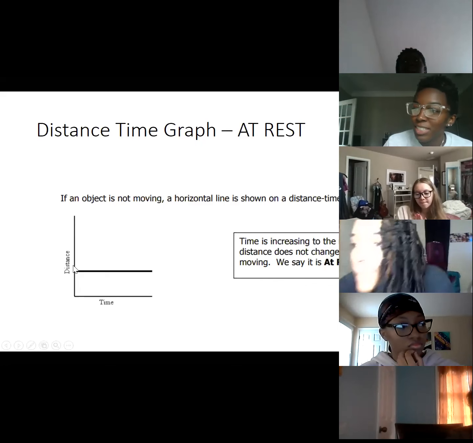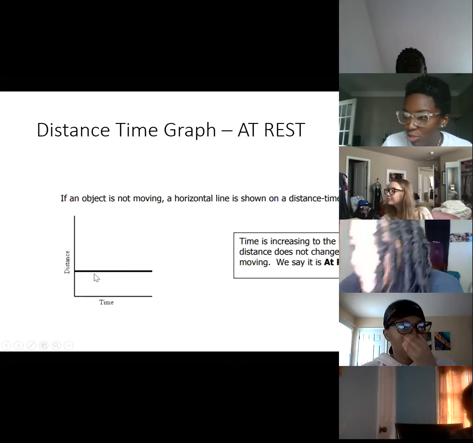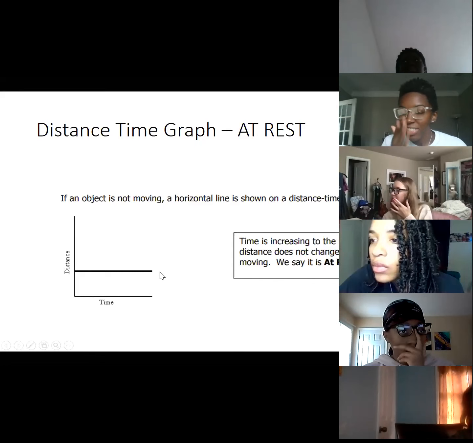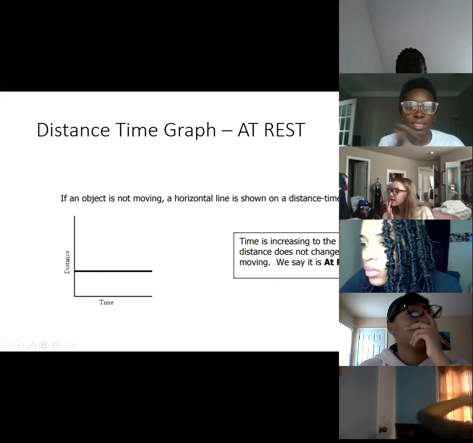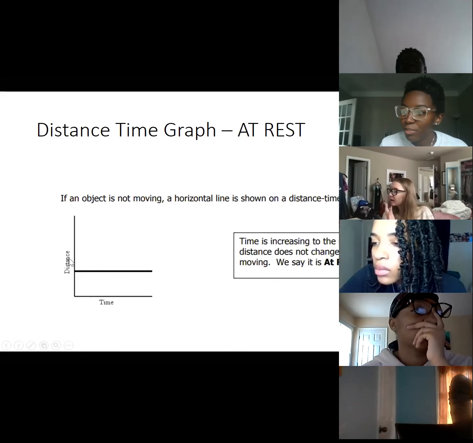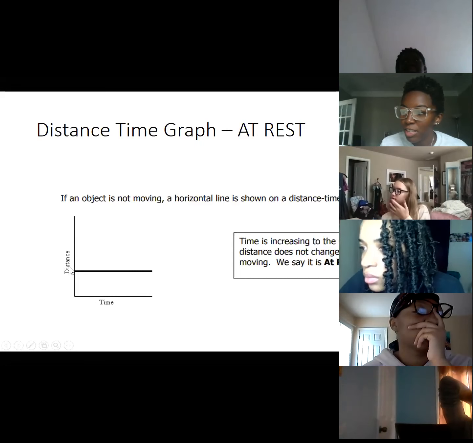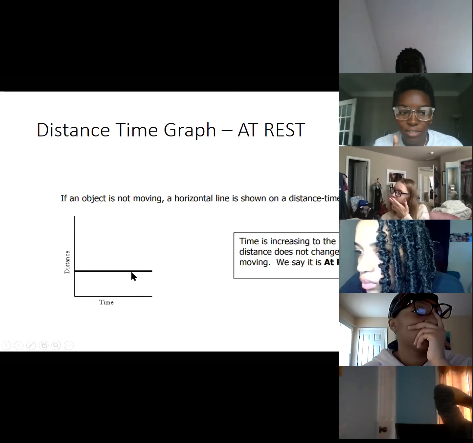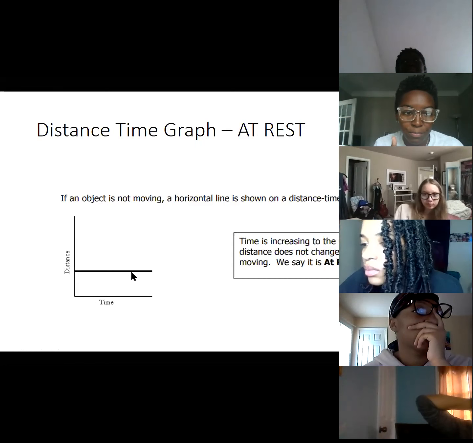So anytime you see a distance time graph and there's a straight horizontal part of the line, it's at rest, it means it's not moving.